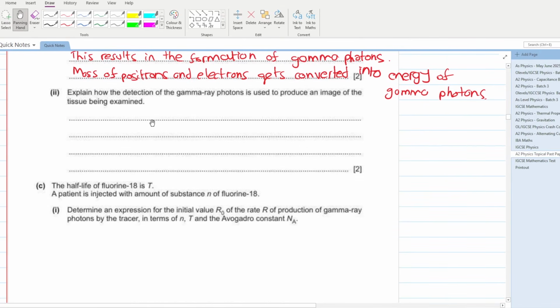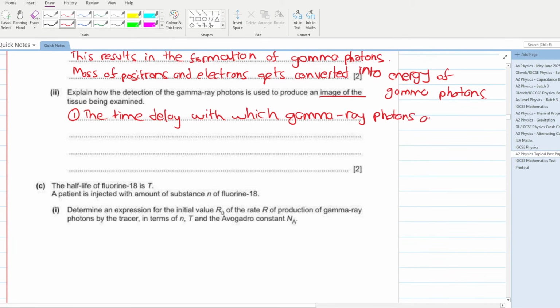Explain how the detection of gamma ray photons is used to produce an image of tissue being examined. So the image being formed depends on two things: the time delay with which gamma ray photons arrive, and what is the second factor that enables the production of image?